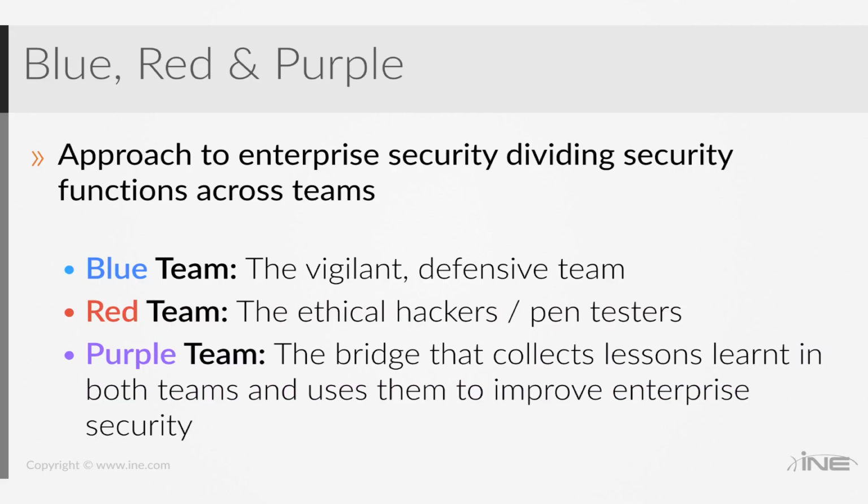So they kind of have to have a division, and they cannot really communicate everything between them. So that's why the purple team exists, so that this team can collect the lessons learned from both teams and then use them to improve the enterprise security.